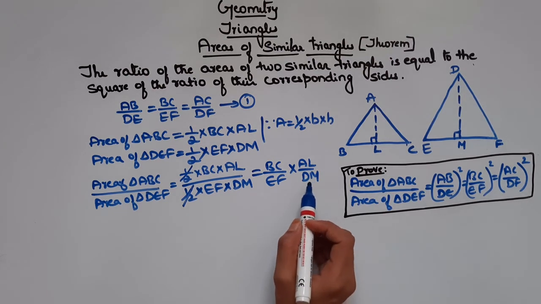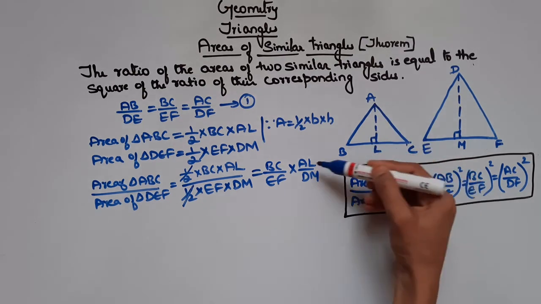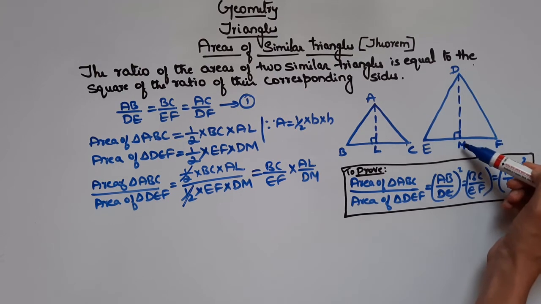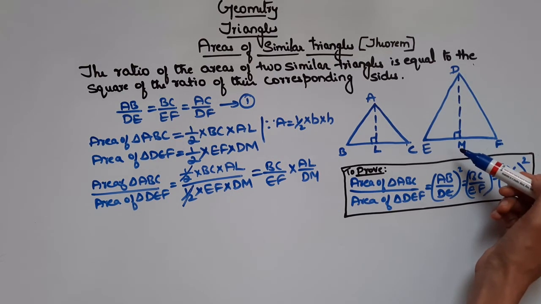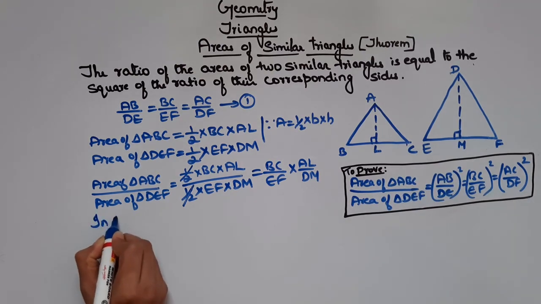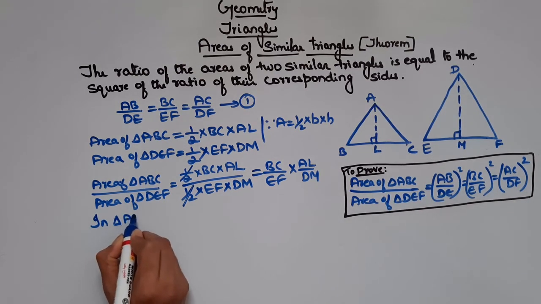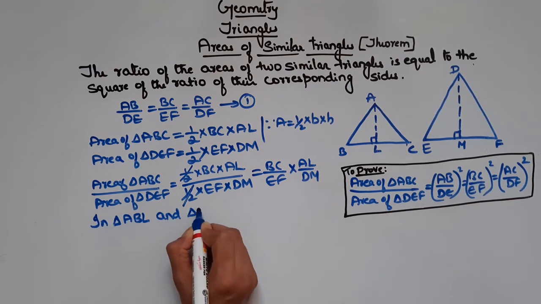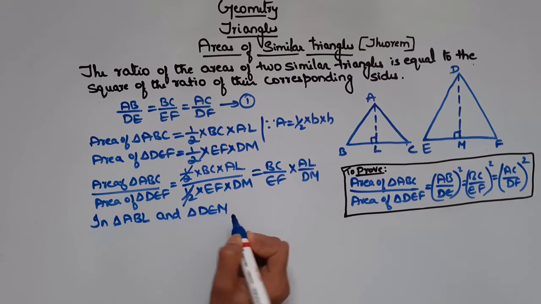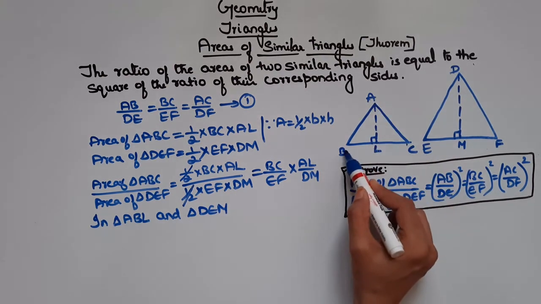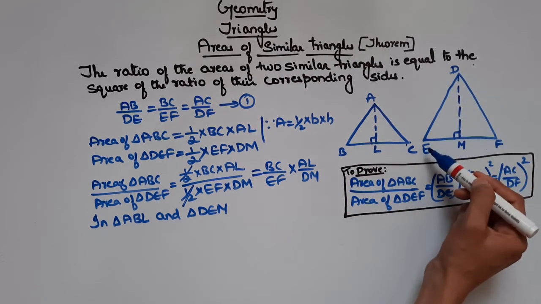For that, we will take a triangle which contains these sides. So if you see triangle ABL, we have AL. And in triangle DEM, we have DM, right? So let's see these two triangles. So in triangle ABL and triangle DEM, we know in these two triangles angle ALB is equal to angle DME.